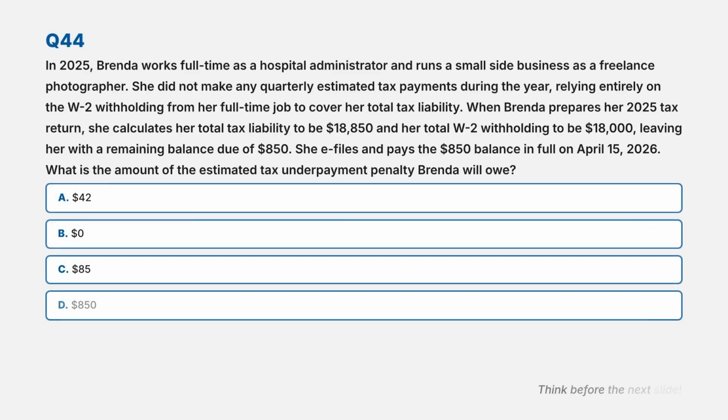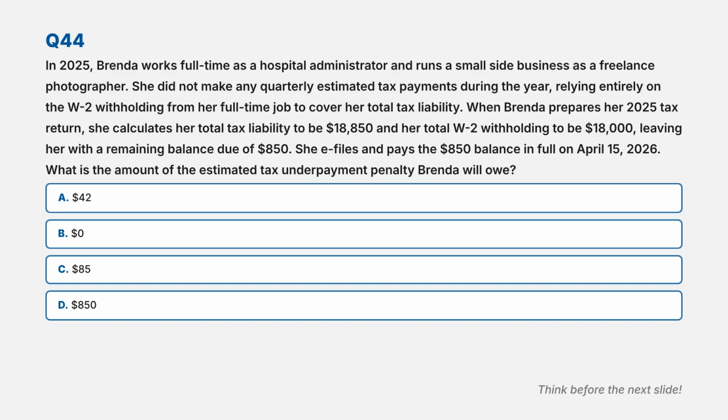In 2025, Brenda works full time as a hospital administrator and runs a small side business as a freelance photographer. She did not make any quarterly estimated tax payments during the year, relying entirely on the W-2 withholding from her full time job to cover her total tax liability.